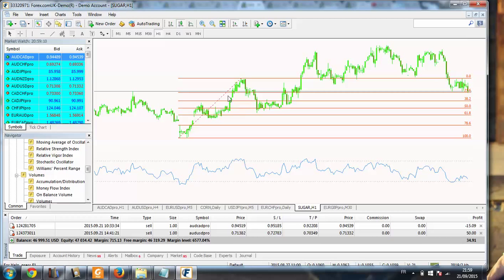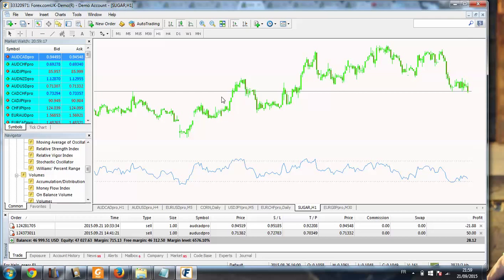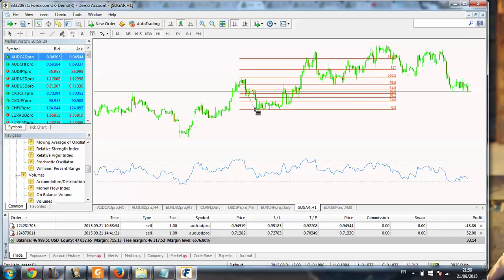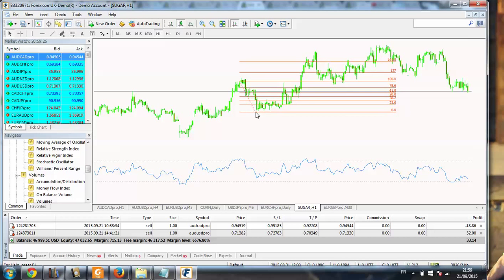The Fibonacci use is very simple, but the extensions, as I said to you, for example, if you put the Fibonacci like that, the price goes up, and if it breaches the 61.8% Fibonacci level, there is a high probability that the price will continue or will reverse its direction from a downtrend to an uptrend.